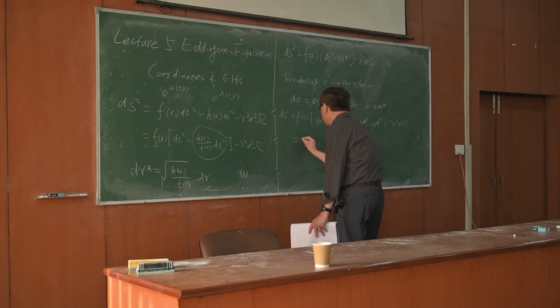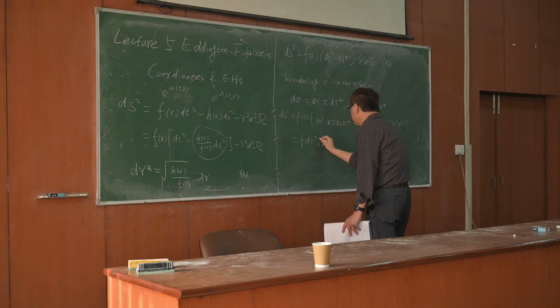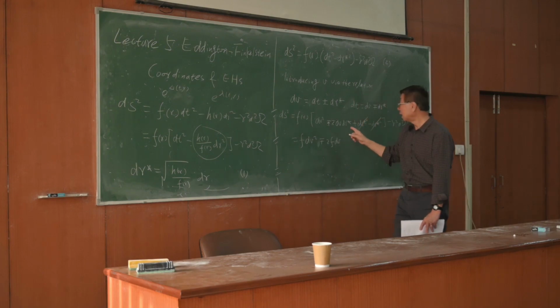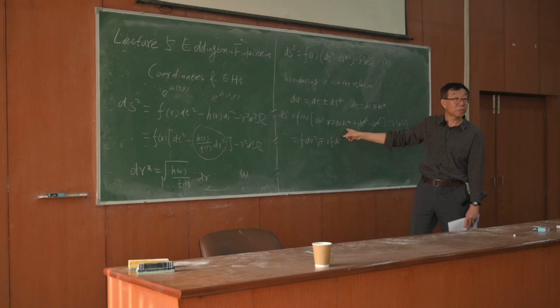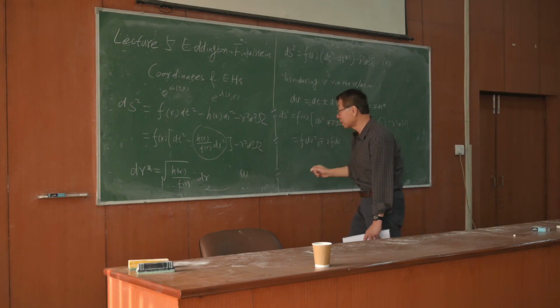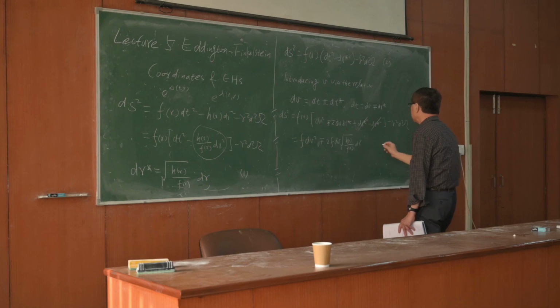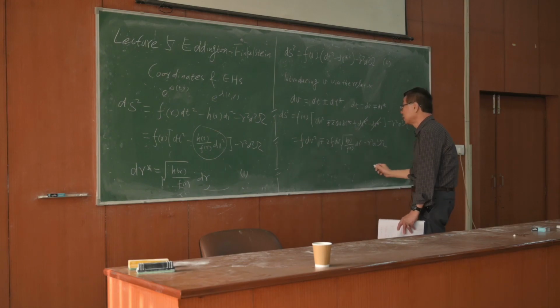This will give me f dv squared plus or minus 2 f dv dr star. Now I put dr star back, giving dr times the square root of h(r)/f(r), minus r squared d omega squared.